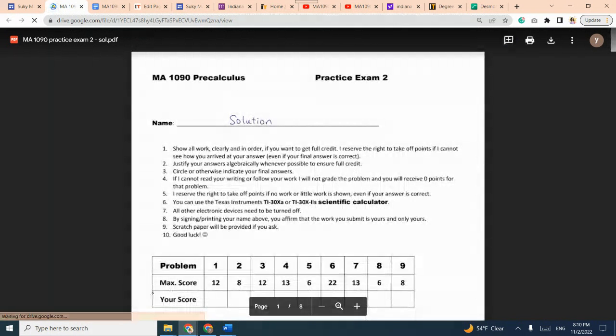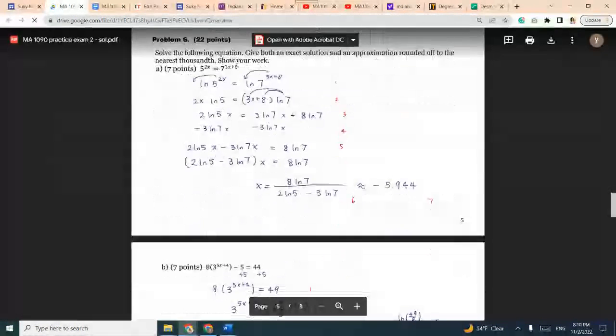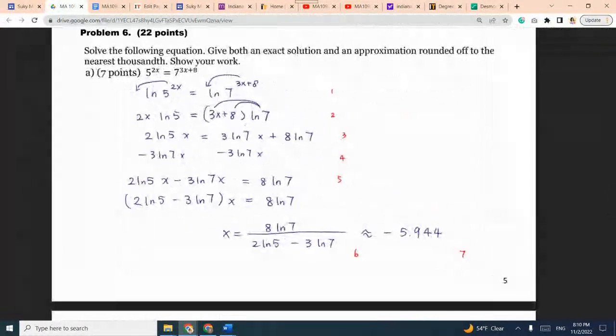Let's see. Okay, the practice exam. Do I have the same answer as before? Okay, so this is what I got before. Let me see. Do I need to put parentheses somewhere?